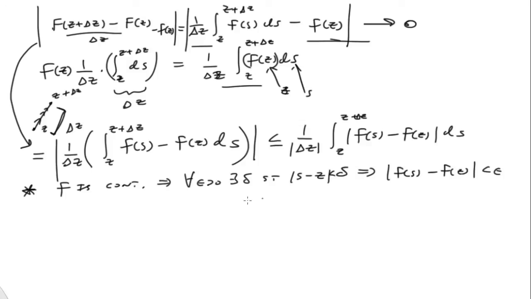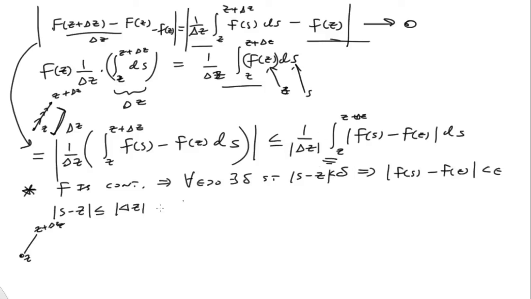We know that the modulus of s minus z is less than or equal to the modulus of delta z, because we start at z and go to z plus delta z along this integral.